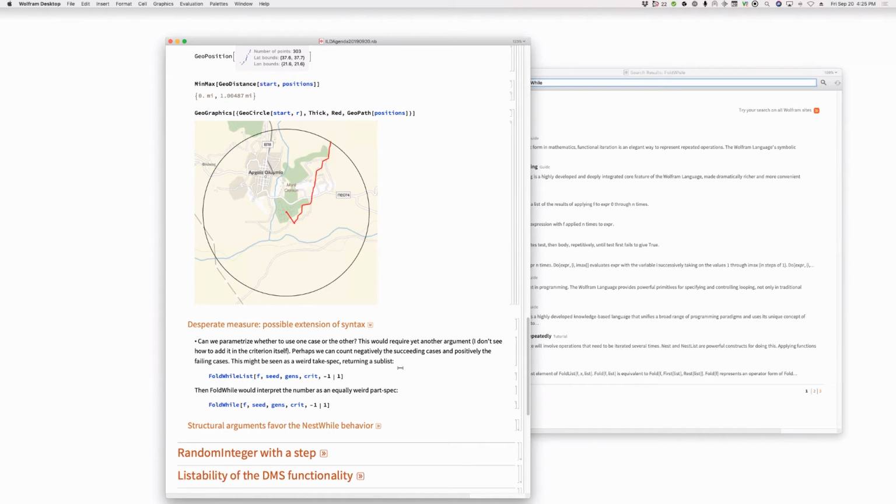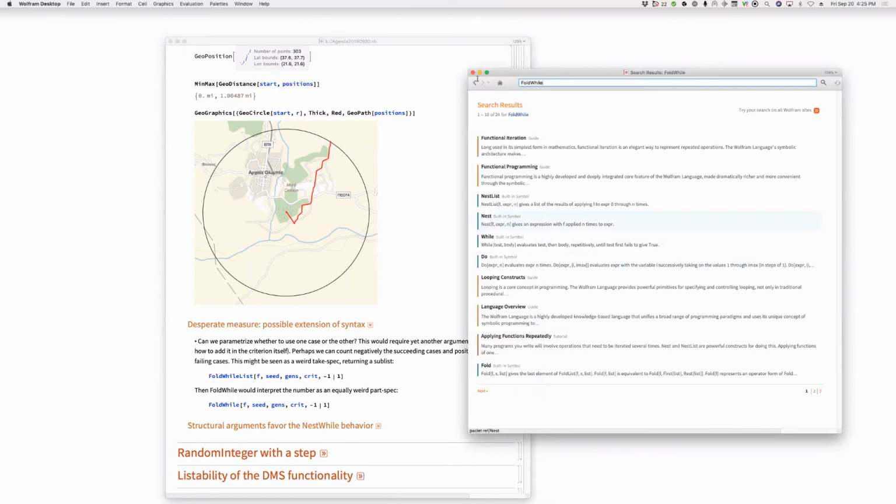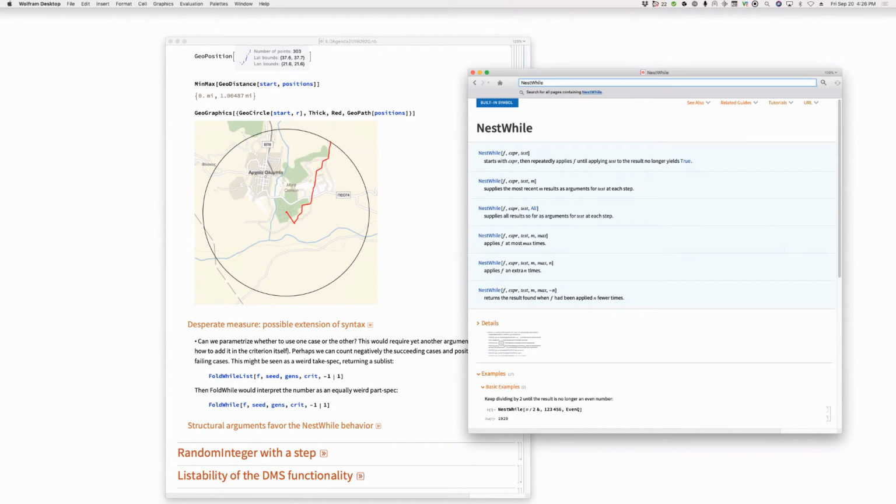How does this relate to NestWhile? Doesn't NestWhile have a thing that looks back at a certain number of previous results? It has a way of presenting a certain number of previous results, right? We introduced SequenceFold. No, it supplies the m most recent results. Yep. Now, doesn't Fold have a?